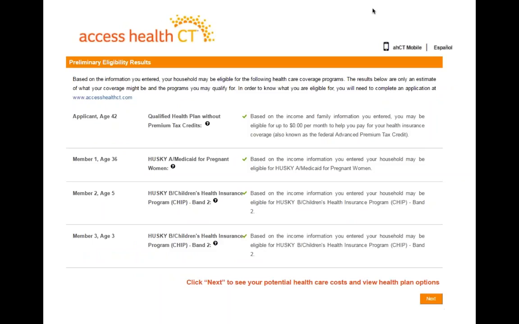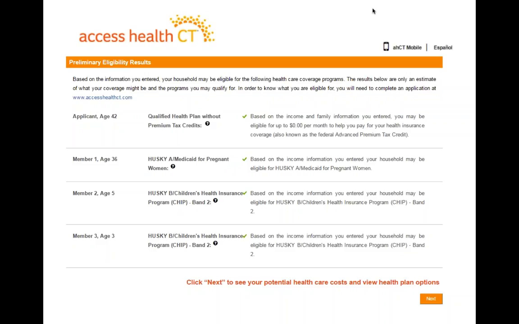Okay, we go to the next month for this person who has a family of 4 people with ages 42, 36, 5, and 3. The tool will now determine, given the income that has been reported at 65,000, who would be eligible for QHP, qualified health plans, through the exchange.